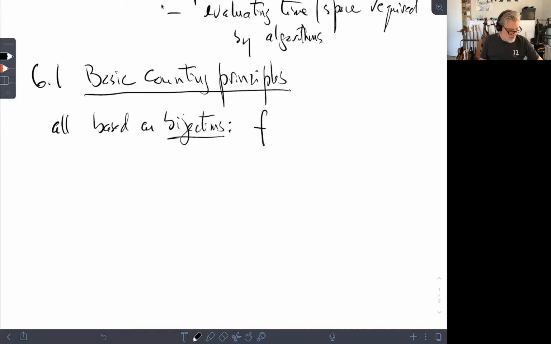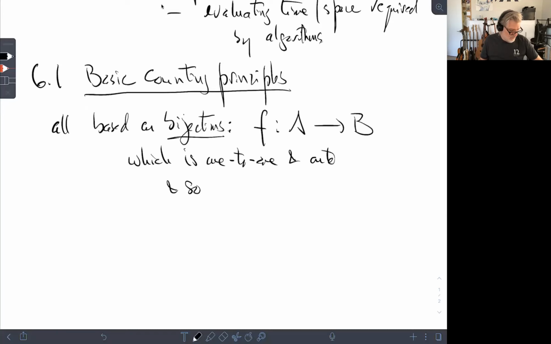We have a function f from a set A to a set B, which is one to one and onto. And so the cardinality of A has to be equal to the cardinality of B.